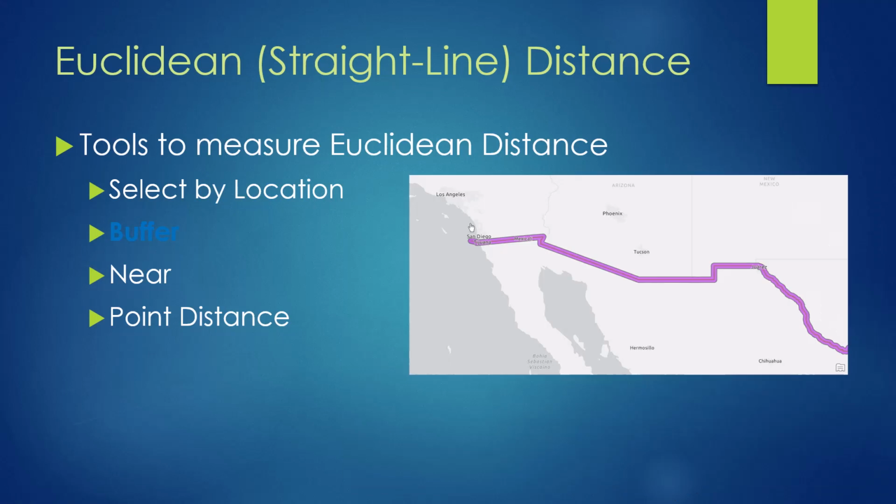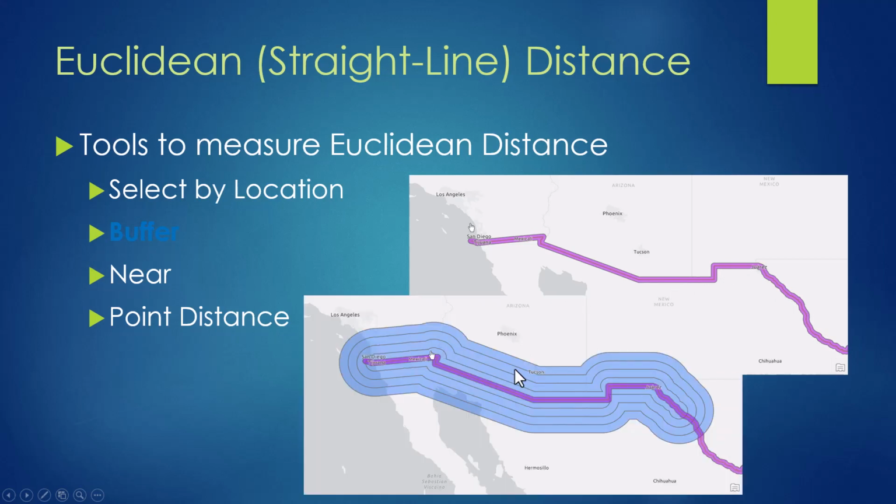Also, buffers can be single ring or multiple ring, and they can have different distances. This is an example of single ring. We're going to be performing an exercise where we calculate a buffer from the US-Mexico border, and this is a multiple ring buffer that helps us create different distance buffers from a selected feature.